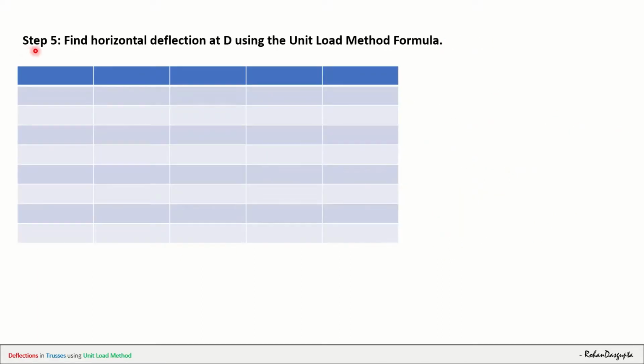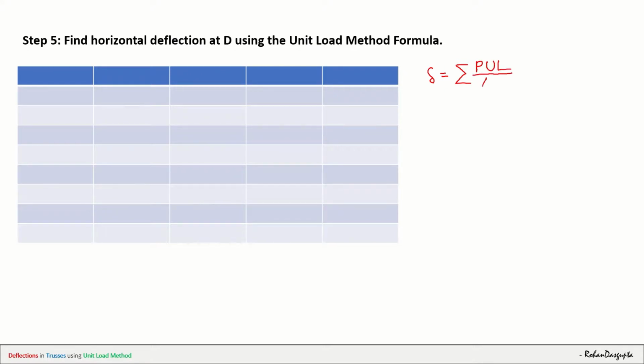Okay, so that brings us to our last step, step 5, that is to find the horizontal deflection at D using the unit load method formula. For this step, I'll be requiring this table, but let me first write down the formula, that is delta is equal to summation of PUL divided by AE.